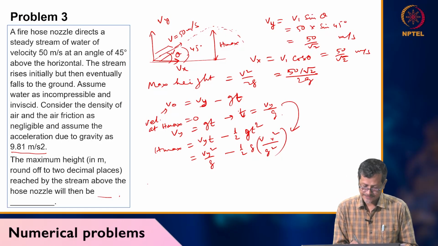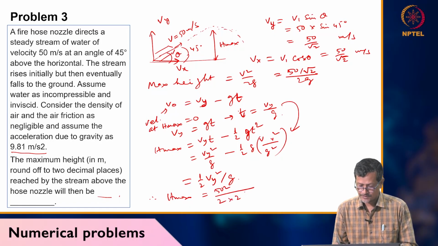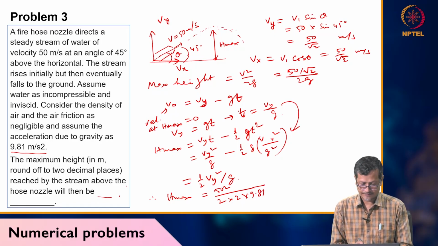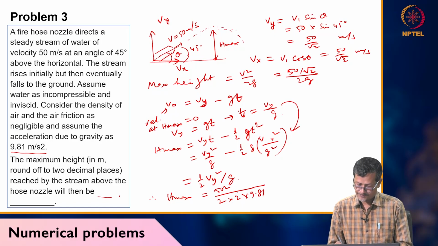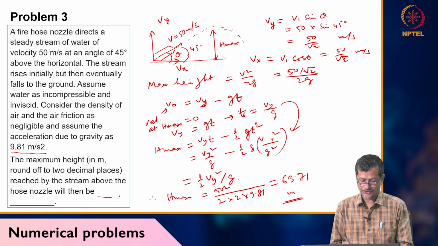Now h max becomes half vy square by g. Then h max becomes 50 square by 2 into 2 into 9.81, where 50 has the root. So this is giving 63.71 meter. So this is your solution.